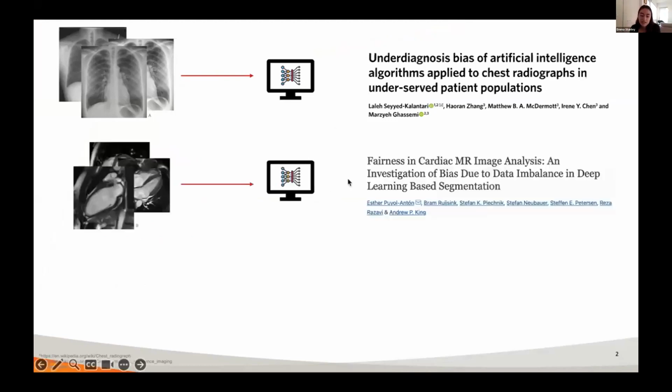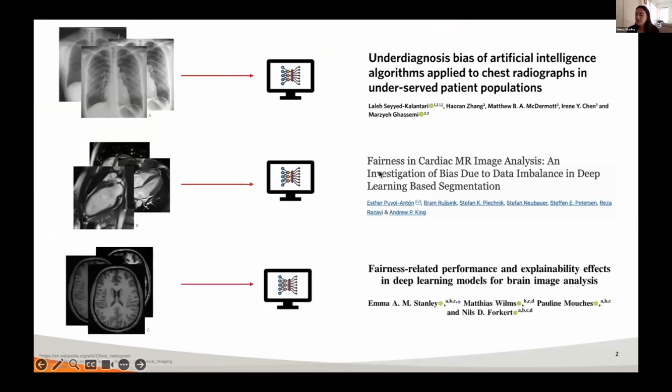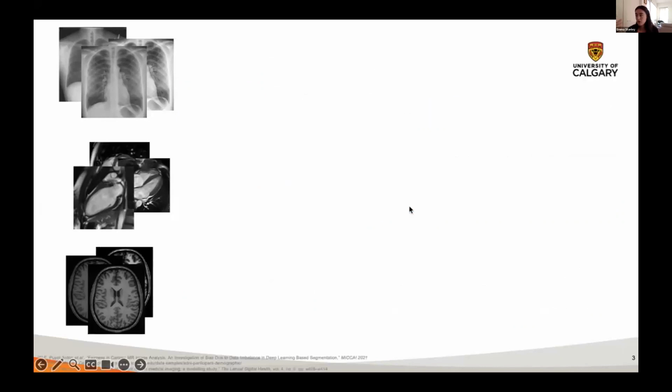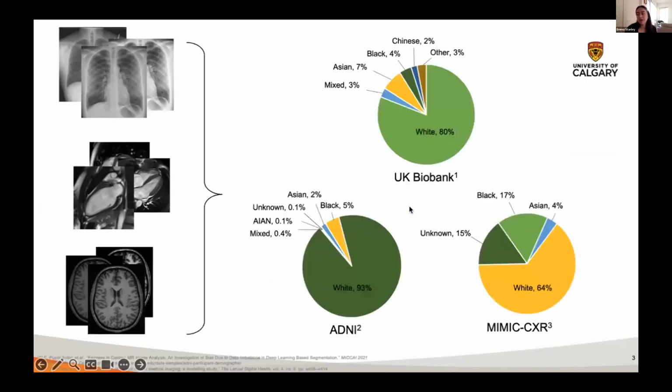And then, of course, many other studies started coming out about models trained on other imaging modalities that also resulted in disparate outcomes between demographic groups. I was interested in trying to understand how those biases actually manifest in deep learning models. So I did what I could with the data that I had access to, but over and over again, I was frustrated by the same issues. One of those being that most of the medical imaging data that we had access to didn't even have information about more than one or two sociodemographic attributes.